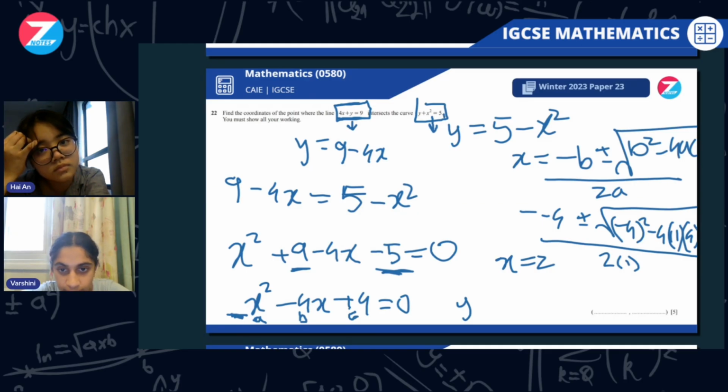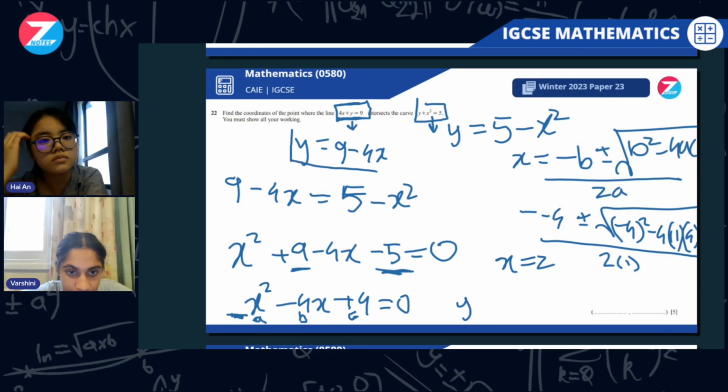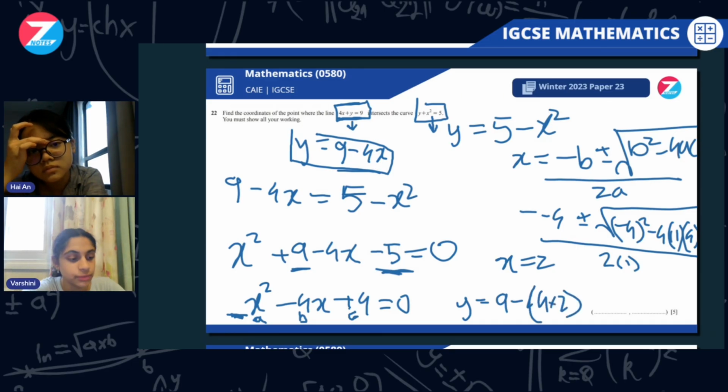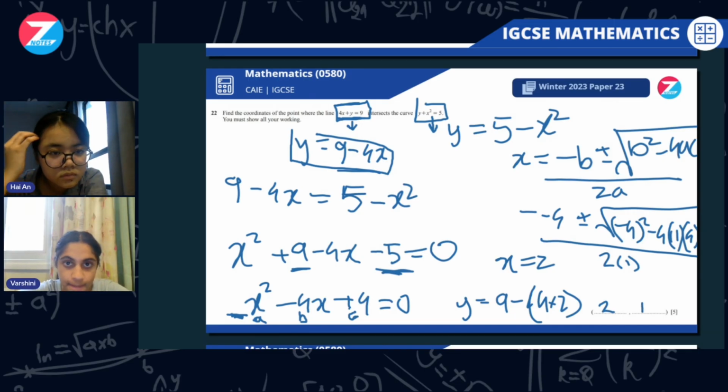We simplified the line to say y equals 9 minus 4x. Sorry, y equals 5 minus x squared was the curve. So let's put our x value 2 into this equation. So y equals 9 minus 4 into 2. If you put that in your calculator or just do it mentally, you get 1. So our coordinates are x is 2 and y is 1.